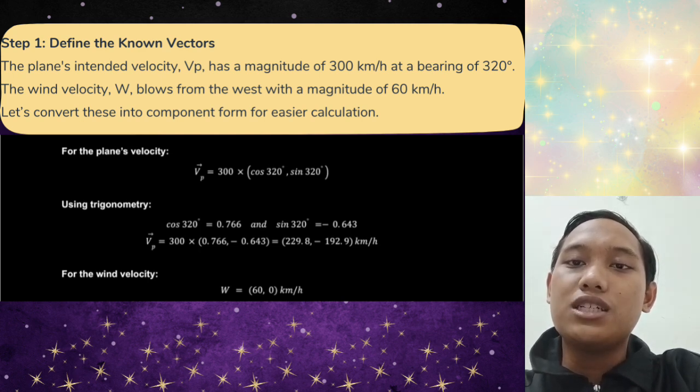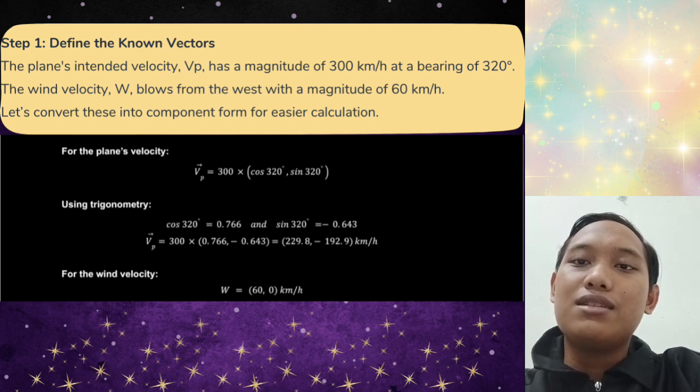For the plane's velocity, VP equals (300 cos 320 degrees, 300 sin 320 degrees). Okay, next we use trigonometry.